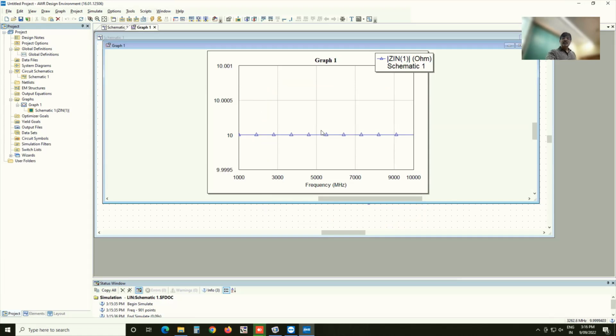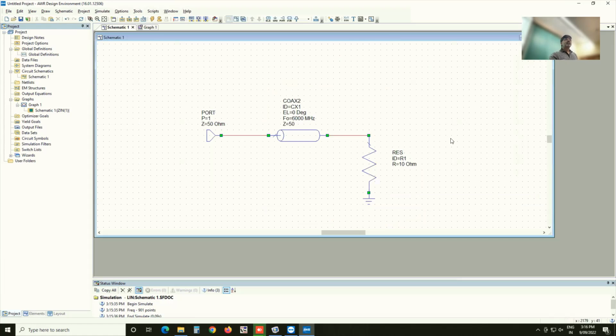So Sulagna, does this make sense? It's saying it's 10 ohms everywhere. So why is it 10 ohms everywhere? No, it's not impedance matched, right?